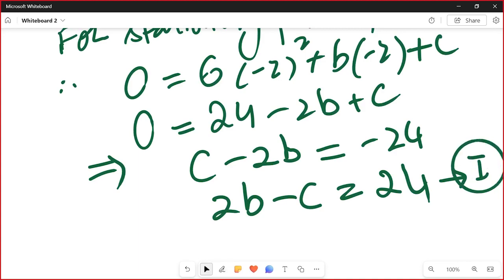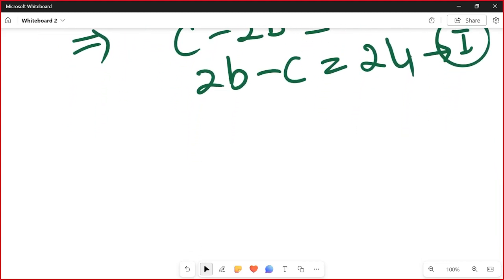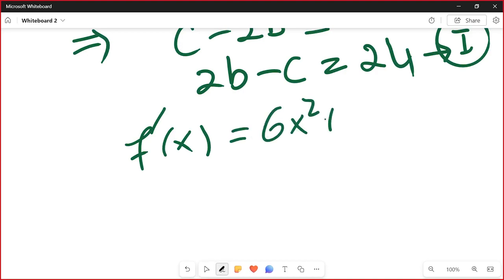We do not know b and c, but to find two unknowns, we need two equations. So we would now work for the second equation. We were already given that f bar x was equal to 6x square plus bx plus c, right?